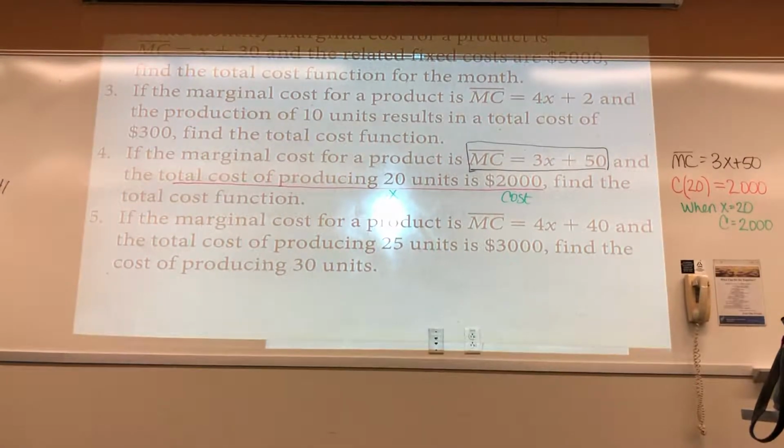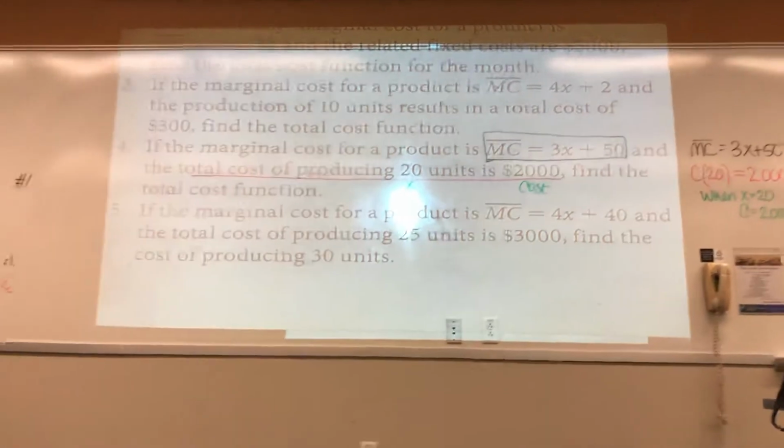So this is 600 plus 1,000 plus k sub c equals 2,000. So what does k sub c equal, Ryan? 400. Do you guys see why? Awesome. So k sub c equals 400.